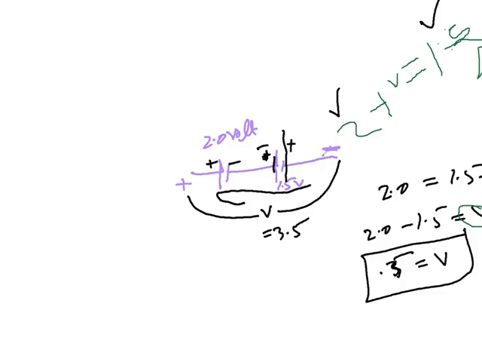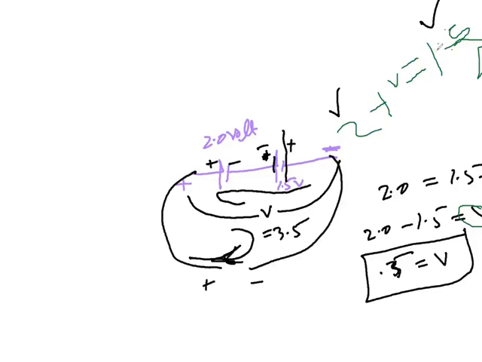If you bring it closer, then this side is plus and this is minus, so there is a potential rise. So it will not be equal to V plus 2. It will be V is equal to 2 minus 1.5.